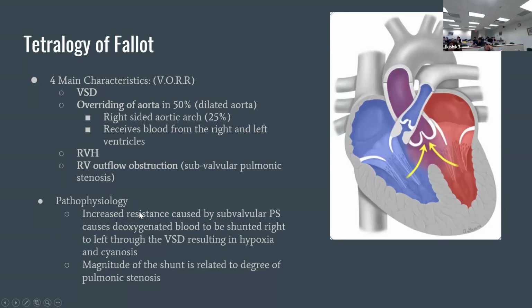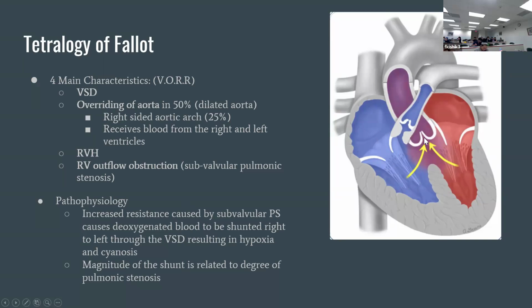So a little bit of pathophysiology about this one. We have increased resistance caused by the subvalvular pulmonic stenosis. Everything kind of perpetuates on each other. Because the deoxygenated blood is obstructed, the pressure is higher over here because it can't easily get out into the pulmonary artery.